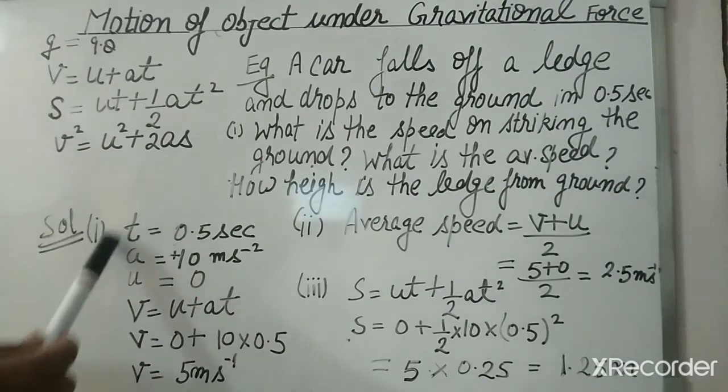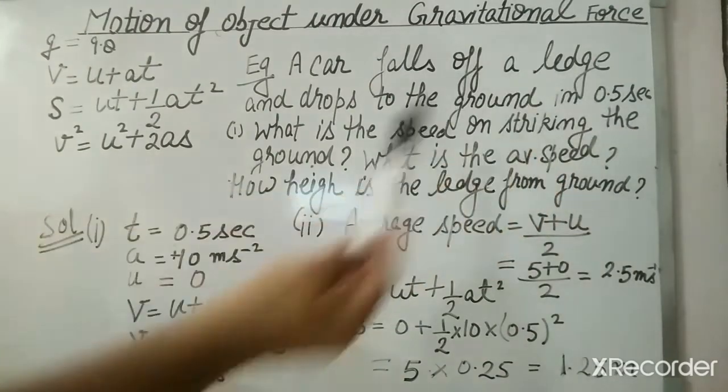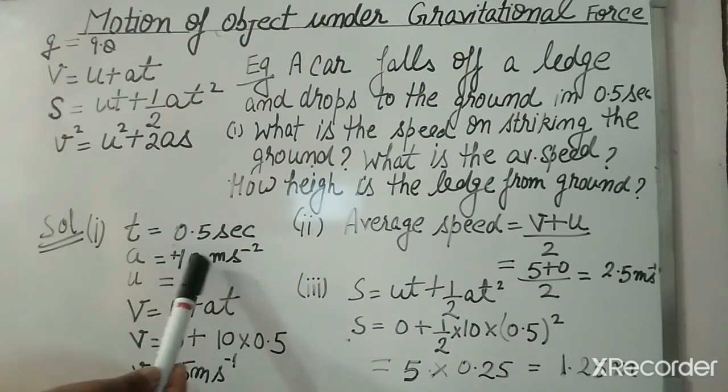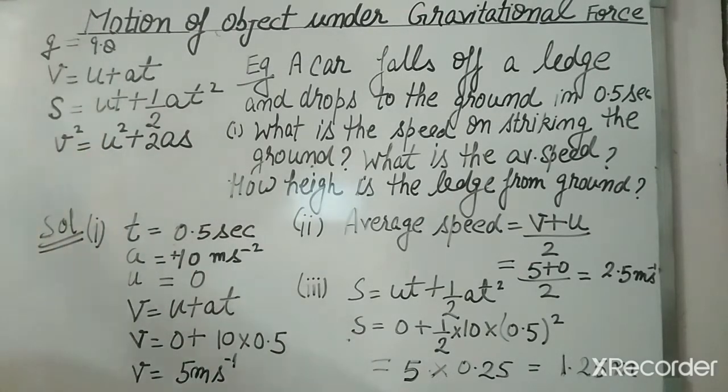So first write the terms which are given. T, time, is given as 0.5 second. Acceleration is 10 meter per second square. Here we see the acceleration due to gravity, g is 9.8 for all the objects near the earth. It is a constant value.